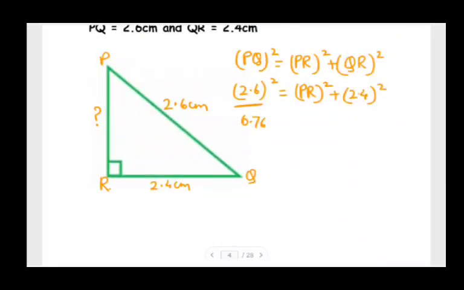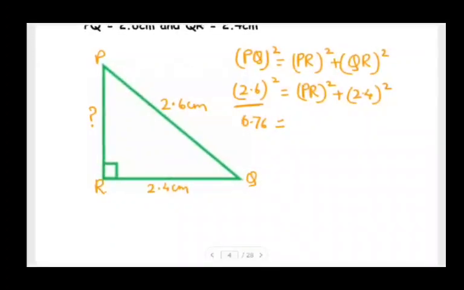Okay, now PR is what we need to find. 2.4 is 5.76. It's 576. Okay, the square of 24 is 576, but I will be multiplying it twice, as in 2.4 into 2.4.